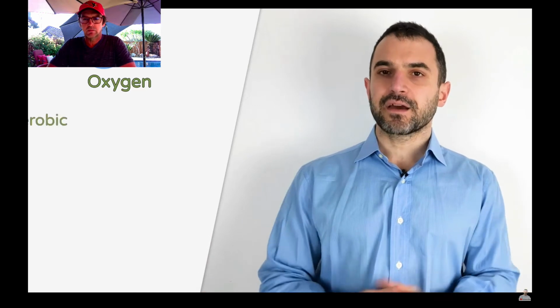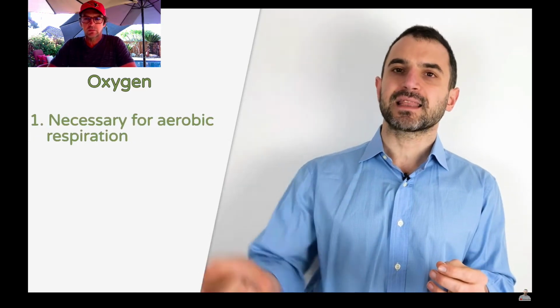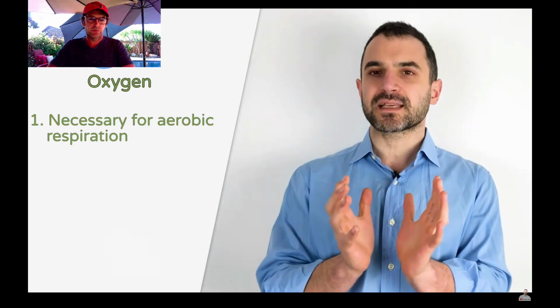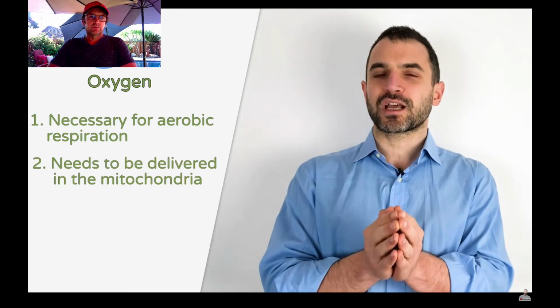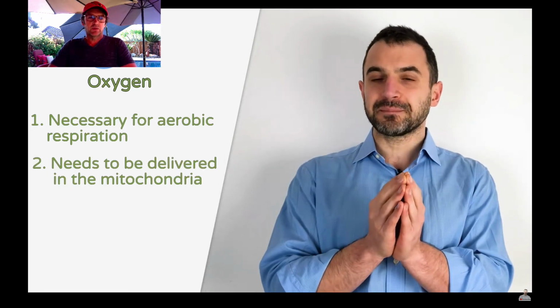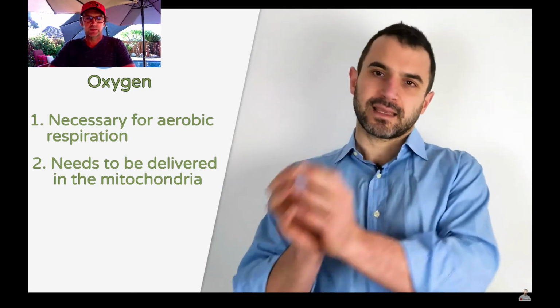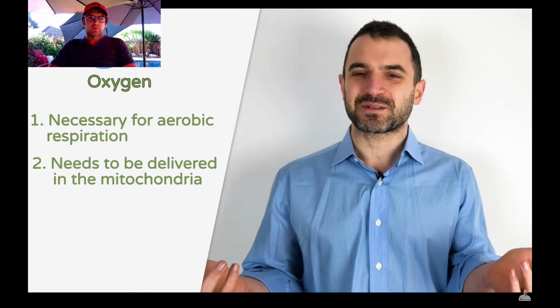The body has three gases in the blood. Number one, oxygen, which is necessary for aerobic respiration. Aerobic respiration takes place in the inner membrane of mitochondria, which exist within the cells. Mitochondria are the energy production organelles of the body, and unless the oxygen is inside the cells and inside the mitochondria, we cannot have aerobic respiration.